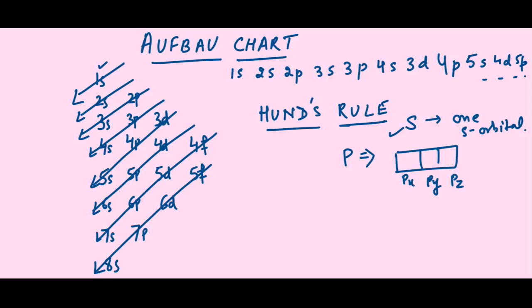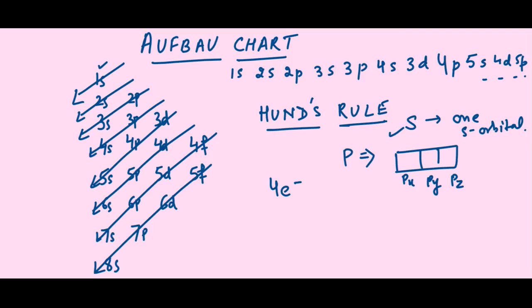Singly means you will be sending one electron each in all these orbitals, and then you will be doing the pairing later on. For example, if these three orbitals are to be filled with 4 electrons, then which two methods can you use?